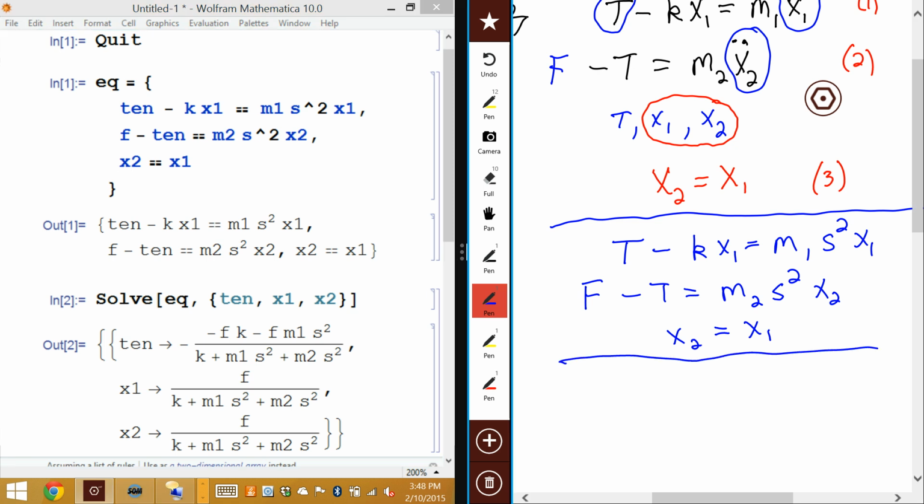If you notice, however, they're exactly the same. But anyway, I'll summarize. Transfer function for x1 is equal to output over input.